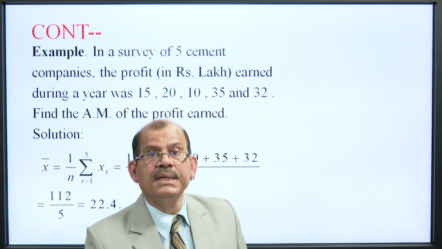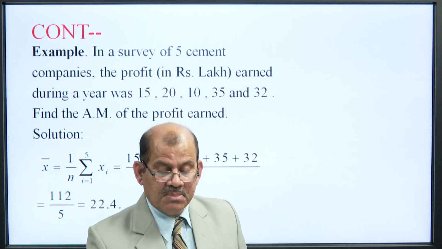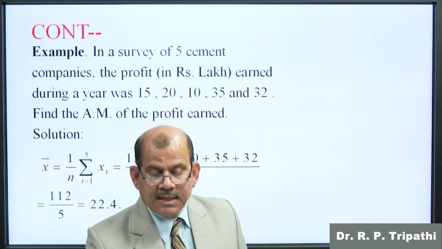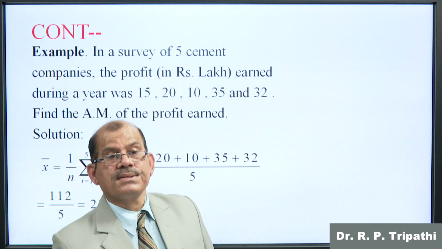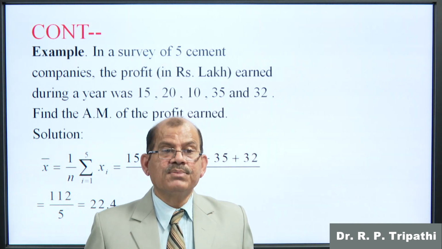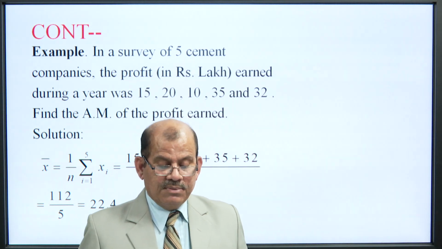Solution: the mean x bar is equal to 1 by n summation i varying from 1 to 5 xi, it is equal to 15 plus 20 plus 10 plus 35 plus 32 by 5, because there are 5 observations, 5 items, divided by 5.